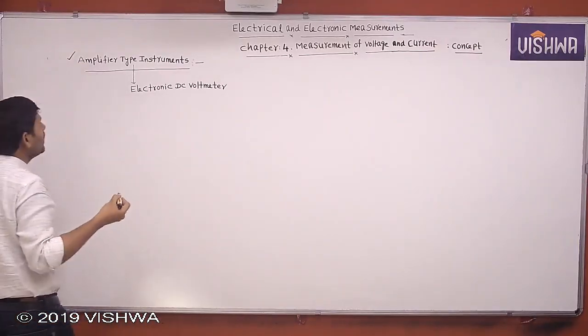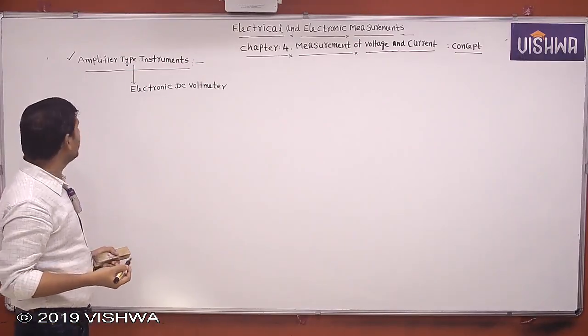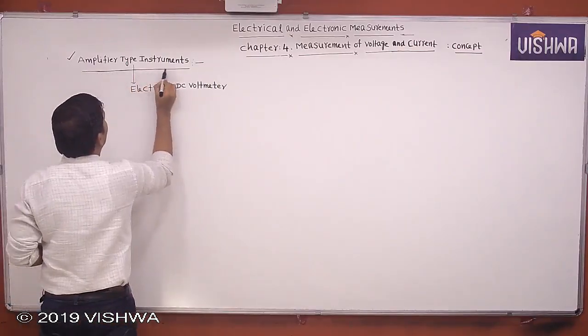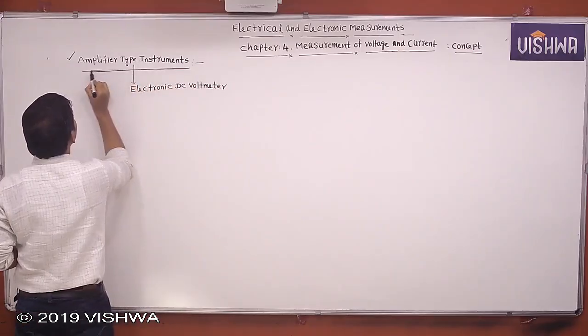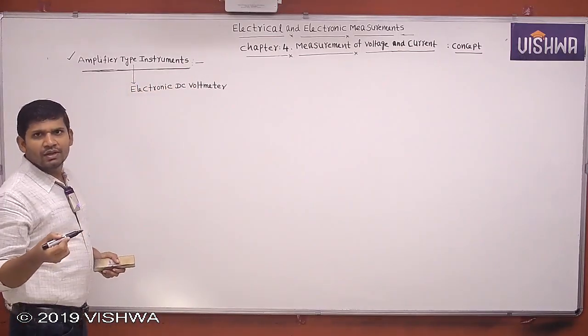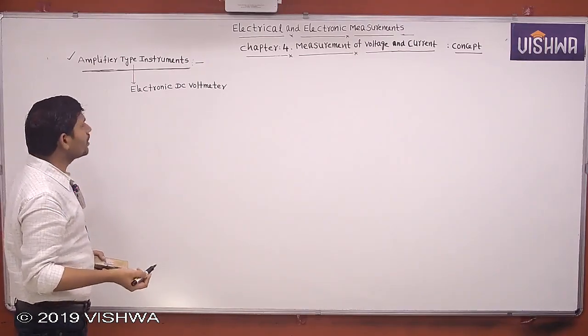Then what is the need of this electronic DC voltmeter? Why are we implementing it? Concentrate: a high sensitivity instrument is already there. What is the need of using the electronic DC voltmeter?